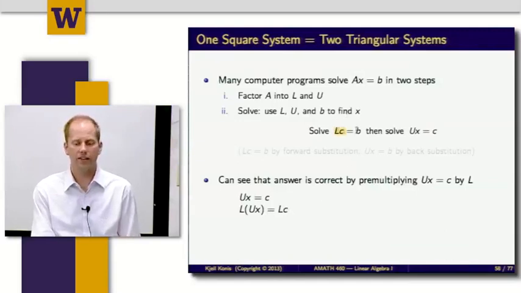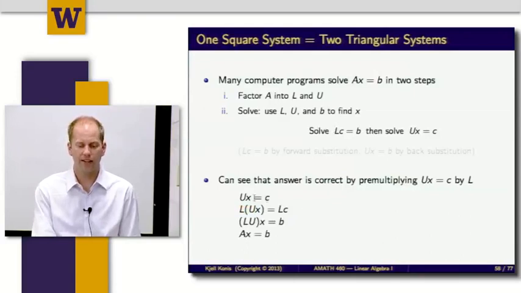I got that value of C just by solving LC equals B. So on the right-hand side, I'm going to end up with a B. And then when I get rid of the parentheses here, I'm going to have LU times x equals B. But LU is just my factorization of A. So I end up with LUx equals B, or Ax equals B. So this is going to give me the x that solves Ax equals B.